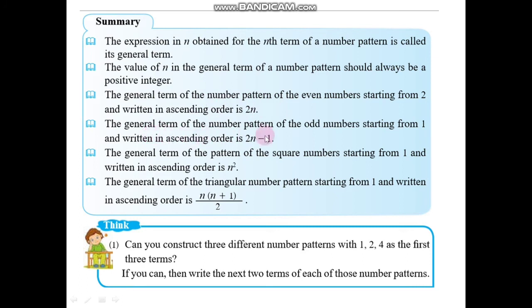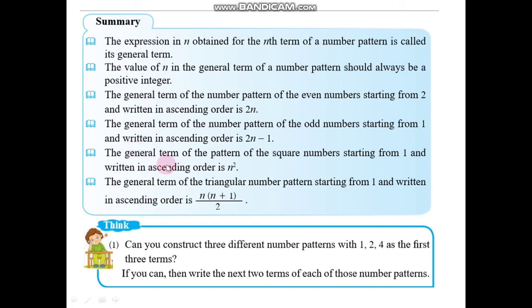The general term of the number pattern of odd numbers starting from 1 and written in ascending order is 2n minus 1. Now an odd number is, if we divide that number by 2, we get a remainder 1. So this should obviously be an odd number. So 2n minus 1 is the general term of the number pattern of odd numbers.